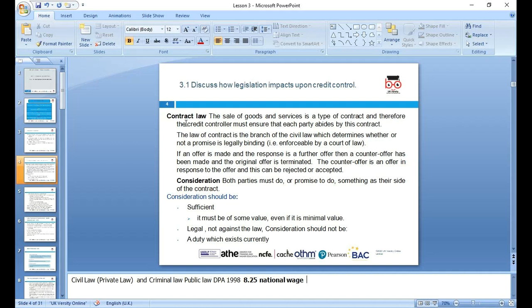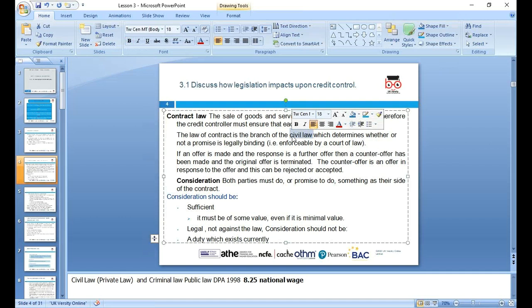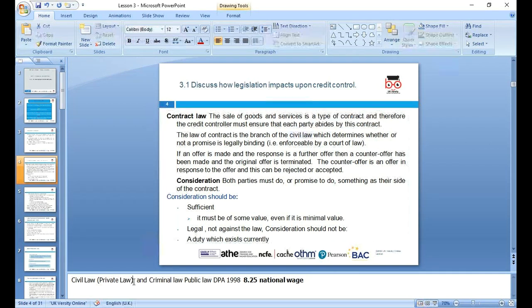Okay, next we'll go through what is meant by contract. Contract law, the sale of goods and services, is typically a contract. Therefore, credit control must ensure that each party abides by the contract. The law of contract is a branch of civil law. So the law of contract is a branch of which law? Civil law.